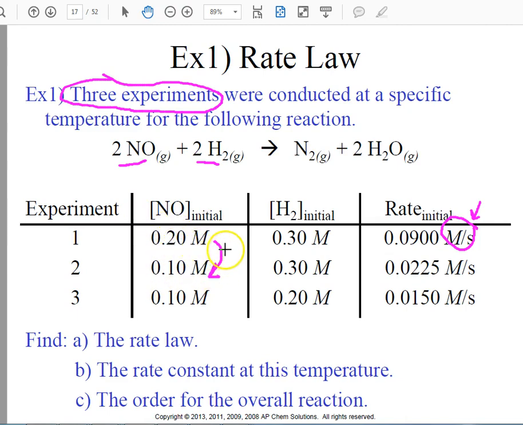So I'm going to half my NO, okay, 1/2, and then we're going to keep the H2 the same, which is important, right? We don't want to go changing everything. So the H2 remains constant here. And then the rate, what does it do? The rate, we're going to have to pull out our calculator, but the rate seems to be divided by, anyone see that number?